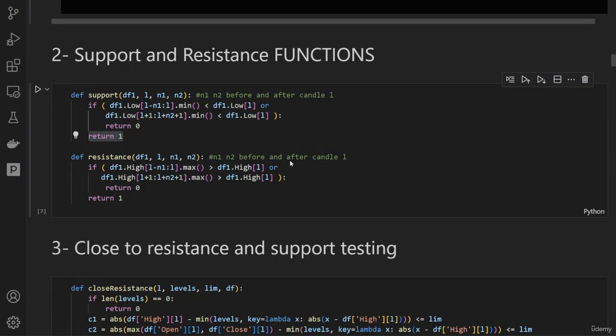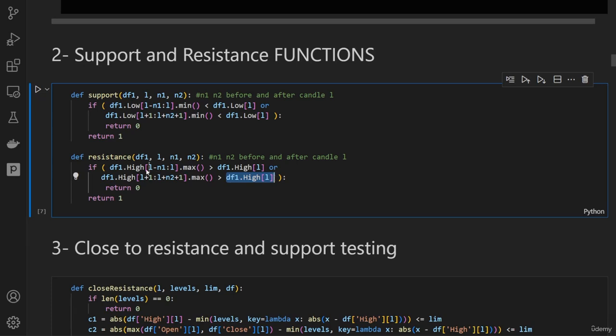So let's check it out on this one, how to do this. So we're checking the high for all the neighbors on the left and the maximum of these highs, if it's greater than the high of the current candle. Or on the right side, L plus 1 up to L plus N2 plus 1, and the maximum is above the high of the current candle.